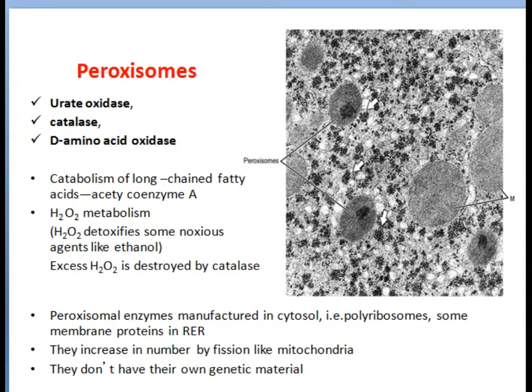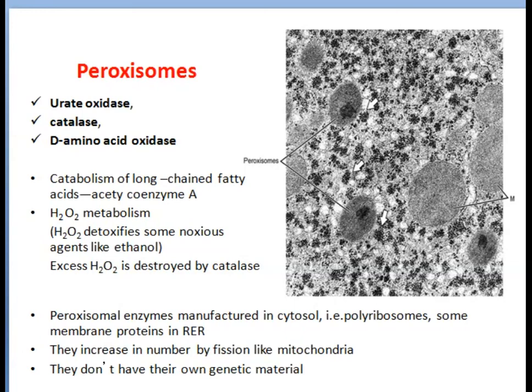Now we are coming to the peroxisomes. These are membrane-bounded organelles. They contain different kinds of enzymes: urate oxidases, catalases, D-amino acid oxidases. The functions of the peroxisomes can be subdivided into anabolic and catabolic.